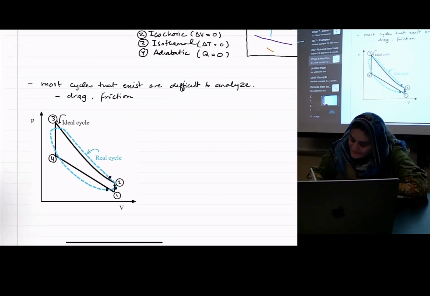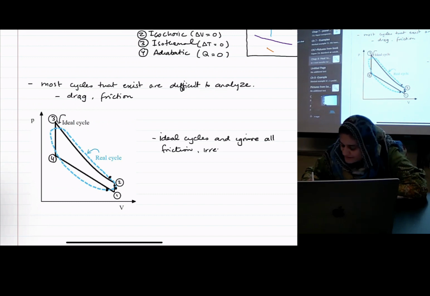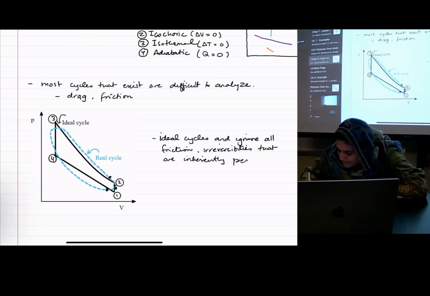So we will deal with ideal cycles and ignore all friction and irreversibilities that are inherently present in real cycles.